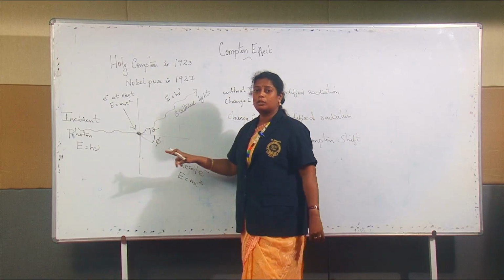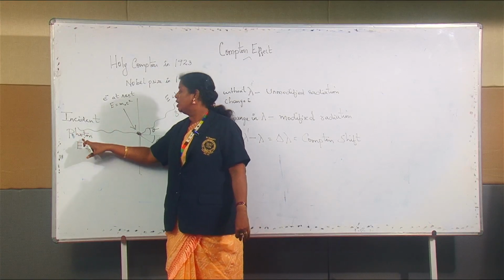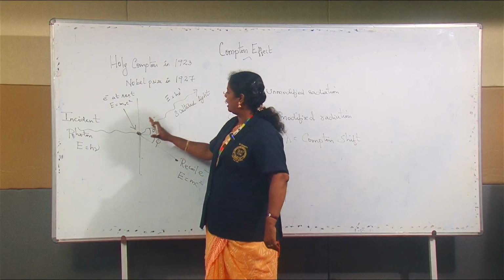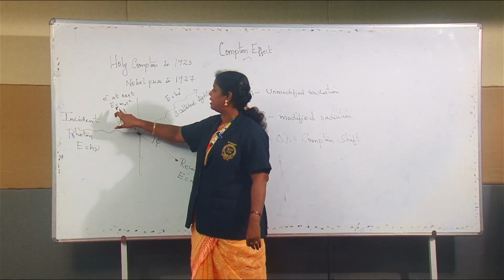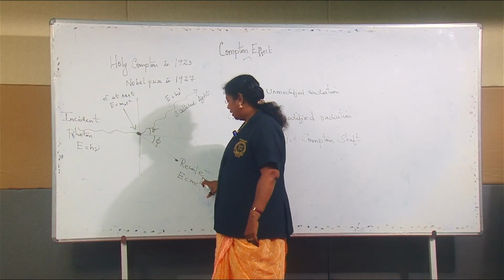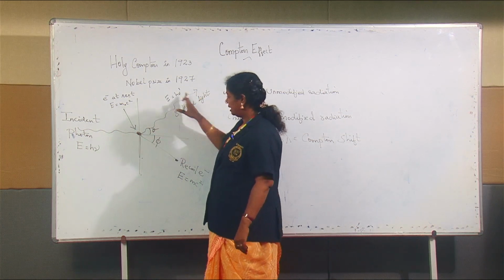I once again repeat this concept. The incident photon, maybe an X-ray or monochromatic ray, strikes the scatterer. After the collision, the electron, initially at rest with energy E is equal to m naught c square, is ejected out as the recoil electron with energy E is equal to mc square, and the rays are scattered in multiple directions.